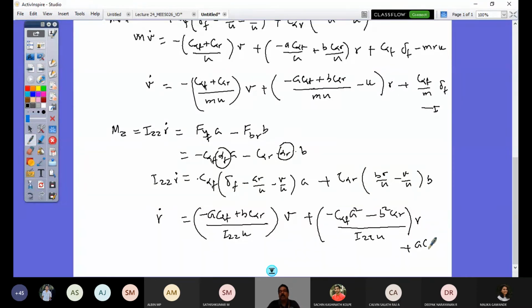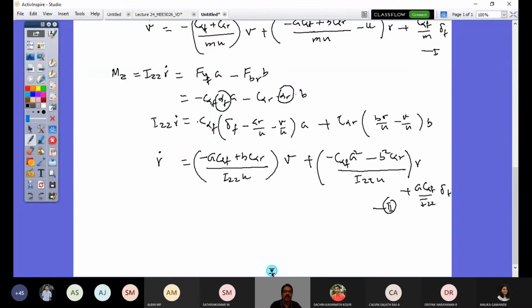So now look at these two equations. They are in a very interesting form. I can write them in a convenient form. I can represent equations 1 and 2 together in this form. So how am I going to represent it?